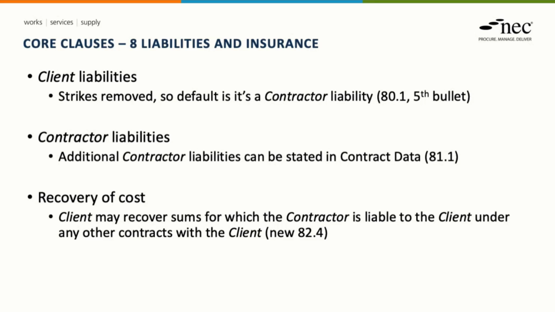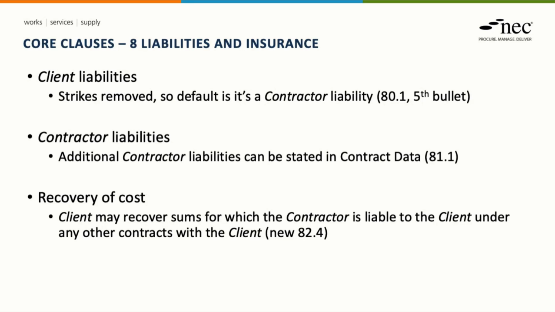In terms of section 8 of the contract, there have been a few changes. Reference to strikes has been removed from clause 80.1, and so a strike would by default be a contractor liability. Within 81.1, flexibility has been created by reference to contract data, and in contract data, if appropriate, liabilities that are in addition to those defined within 81.1 can be stated.